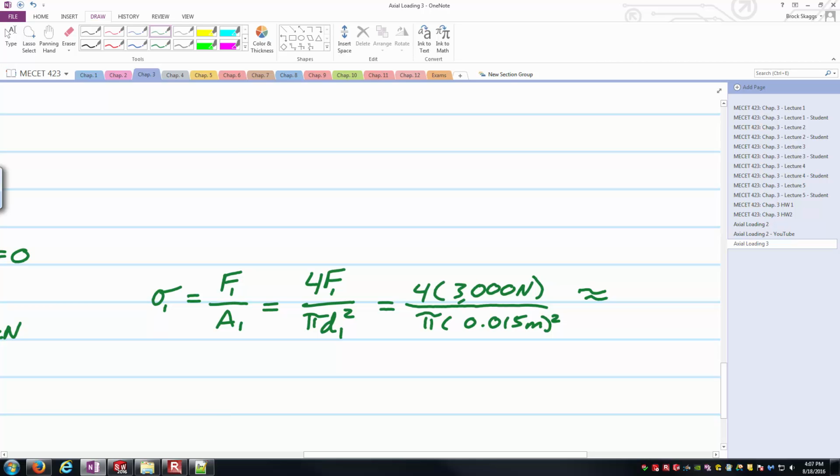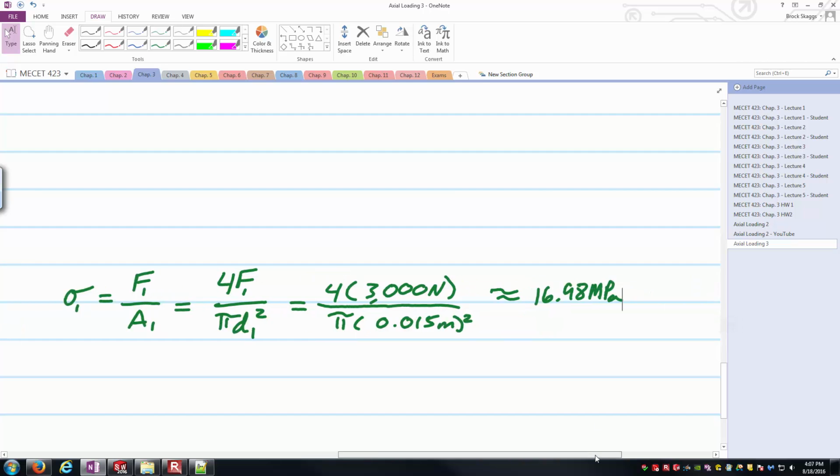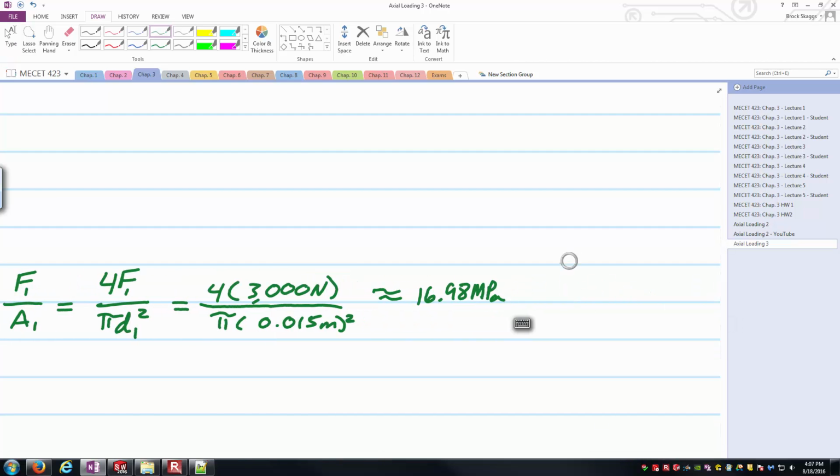And so I've got 12,000 newtons in the numerator divided by pi times 0.015 squared. Roughly 1.697 times 10 to the 7th, so about 16.98 megapascals here. Again, positive value here, which should be interpreted as tension. So I'll just put comma T off to the side here to further reinforce that value's tension.